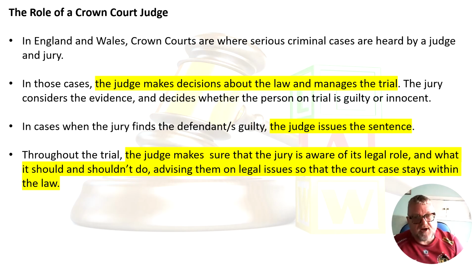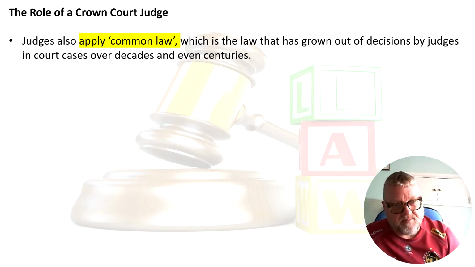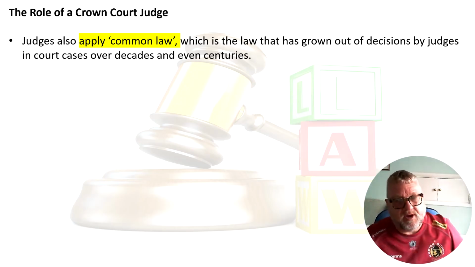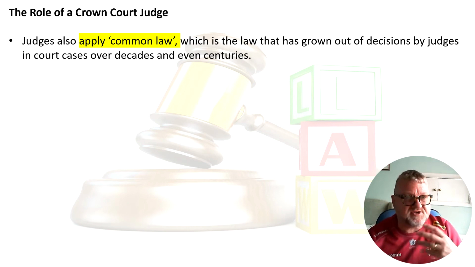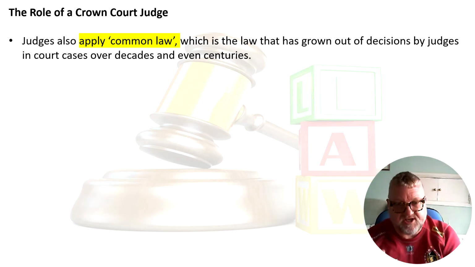And throughout the trial, it's the judge that's got to make sure the jury is aware of its legal role, in other words, what it should and shouldn't do, and advise them on legal issues, so the court case stays within the law. At the same time, judges can also apply what's called common law. And this is law that's grown out of decisions by judges in court cases over decades and even centuries.